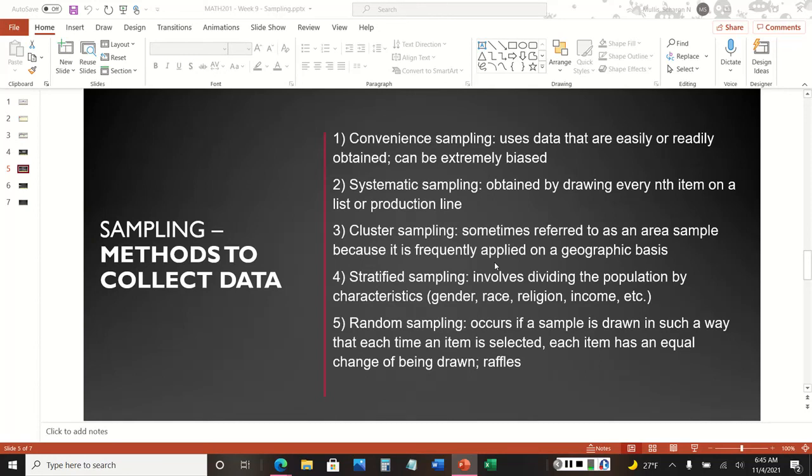If you're given one ticket to win a prize, everybody has the same amount of chances to win. So those are the five methods to collect data or to gain some samples.